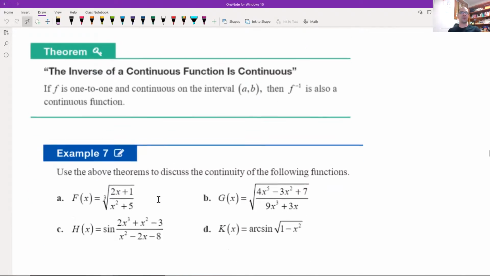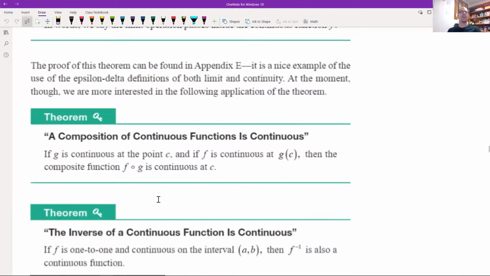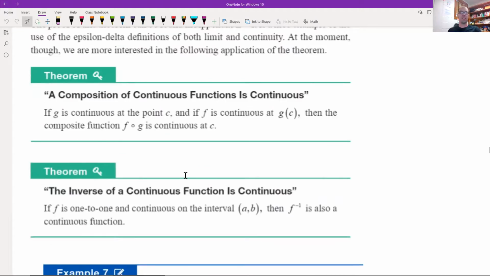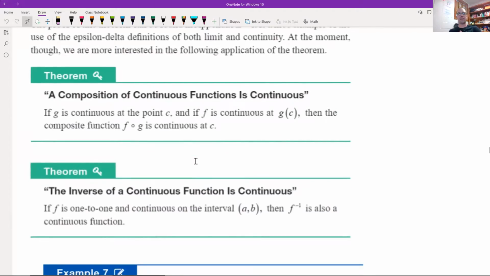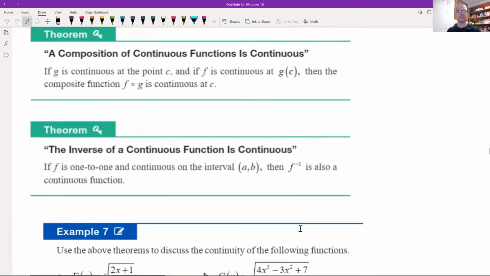All right, the final couple things that we're going to look at. A composition of continuous functions is continuous. So kind of piggybacking off of this, that's cool. And the inverse of a continuous function is continuous as well, as long as the domain considerations are met.